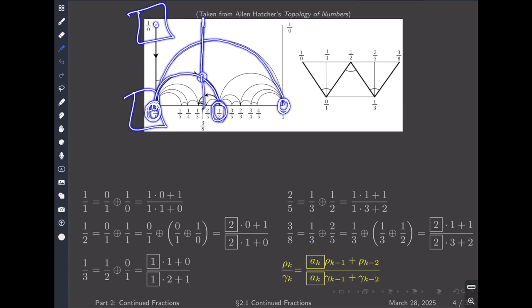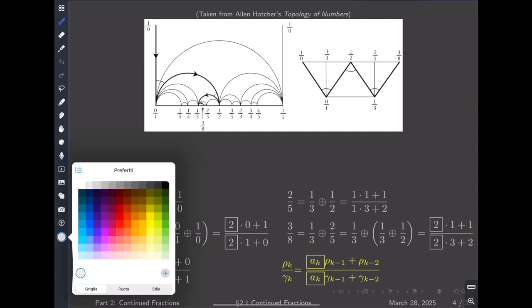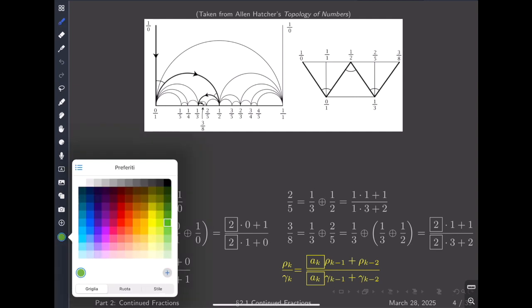So the next one, the new vertex is the naive sum of these two, etc. But so what is the criterion for choosing one geodesic instead of the others? So why do you choose the geodesic from 0 to a half instead of the one from 0 to 1? Okay, so let me maybe mark them in some color.